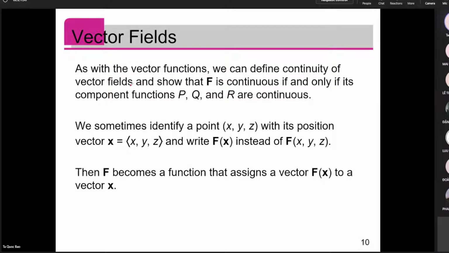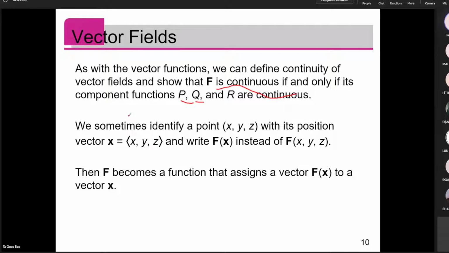With vector functions, we can define the continuity of vector fields. F is continuous if and only if its component functions P, Q, and R are continuous. So if P, Q, and R are continuous, then we say that F is continuous.